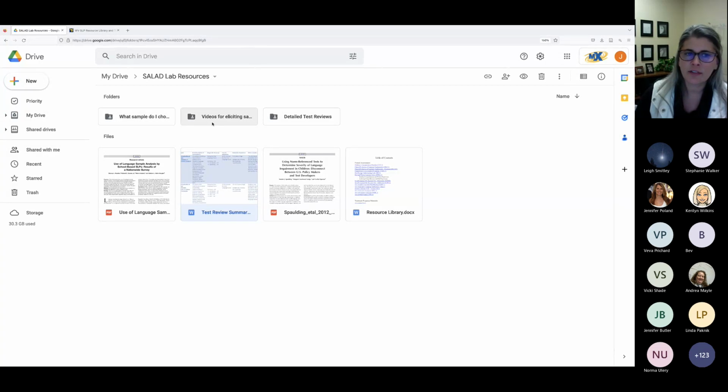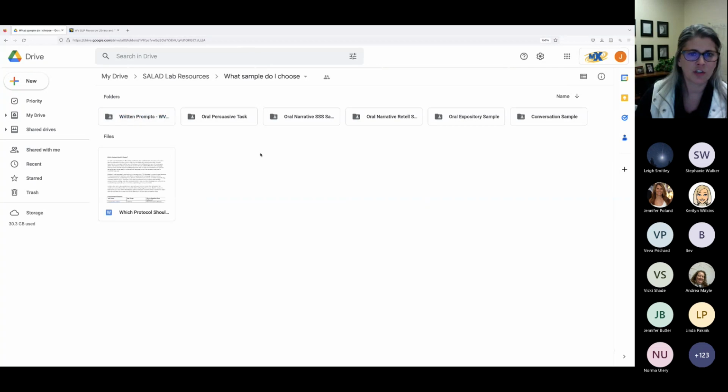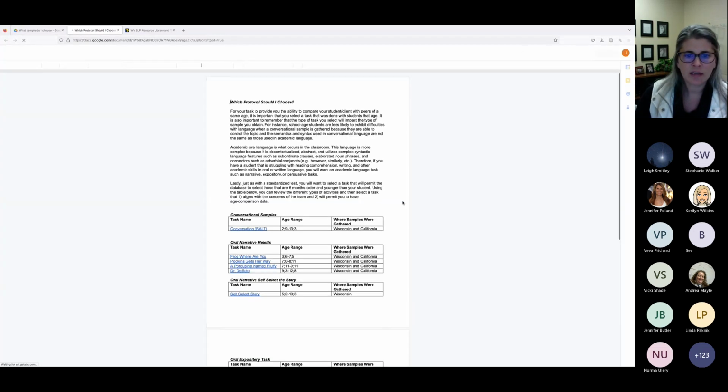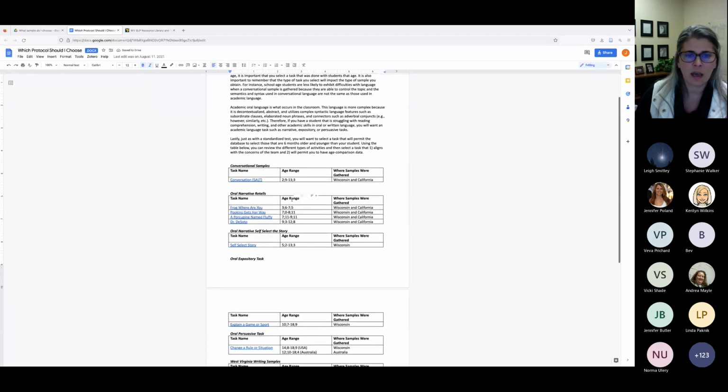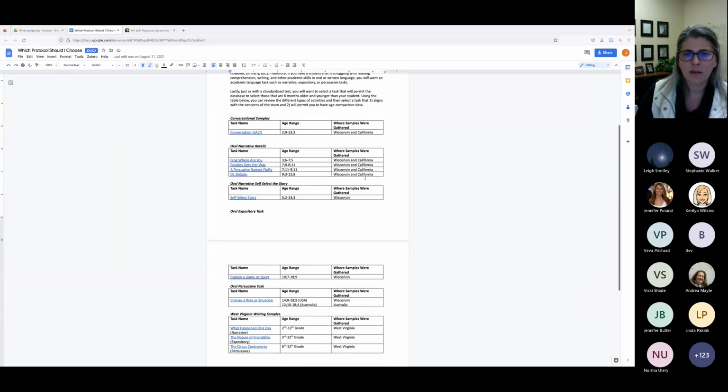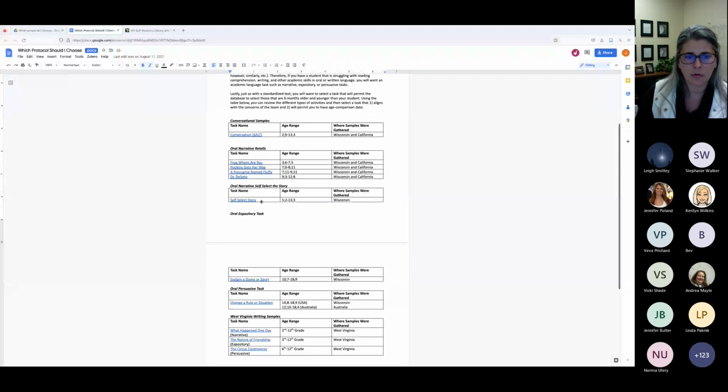There are two folders here that may be helpful for you. The first folder is what sample do I want to choose? And we have different types of prompts. And then there's a Google Doc that gives you basic information on the age range that sample would be appropriate for, where that sample database was gathered from, and then there are hyperlinks in this document to the protocol for how to do that.